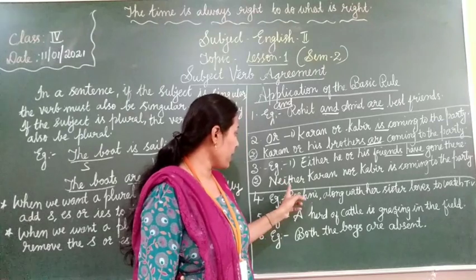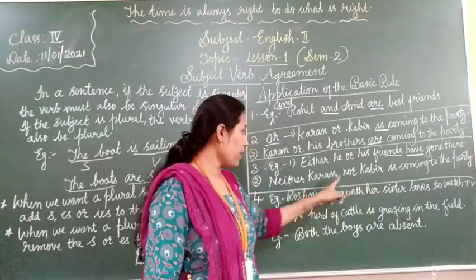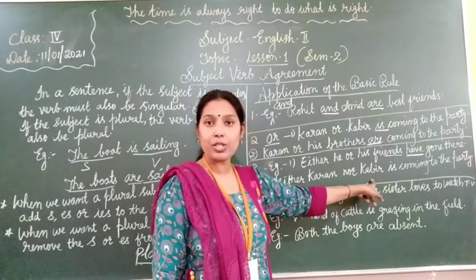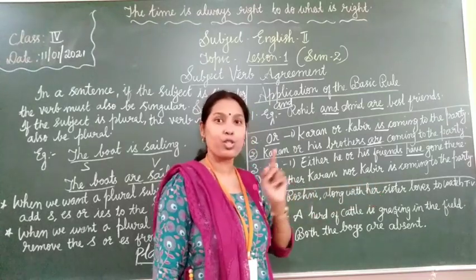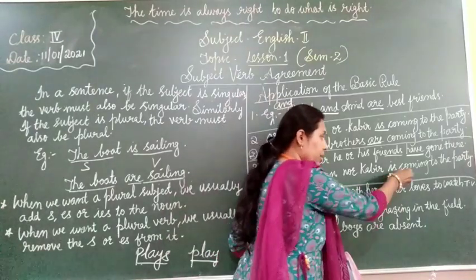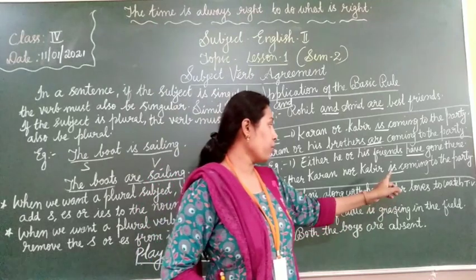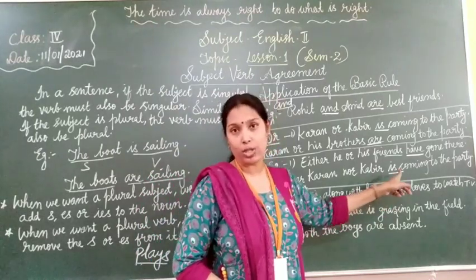Next example, neither Karan nor Kabir. Here, after nor, what is the subject? It is in singular, right? So the verb must be in singular. That is the reason the verb is used in singular. The verb must agree with the subject which is near to the verb.